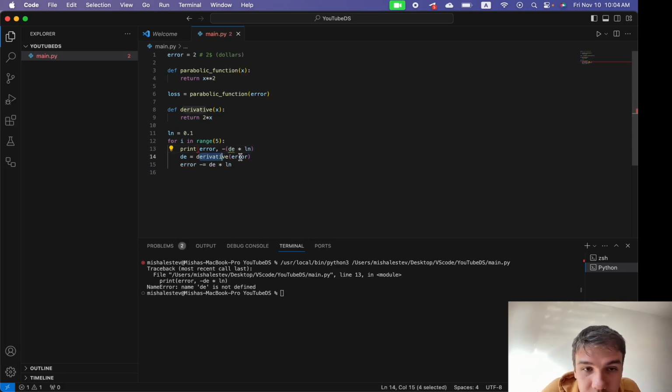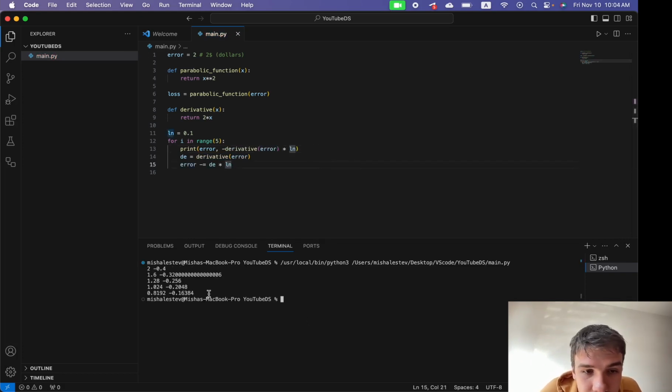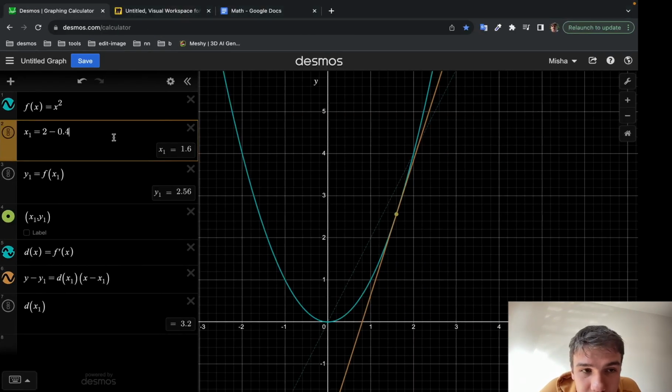Let me say that this is the derivative. Now let's run it again, and as you can see, first we do 2 minus 0.4, which is exactly what we did, and it becomes lower, so our loss becomes lower.